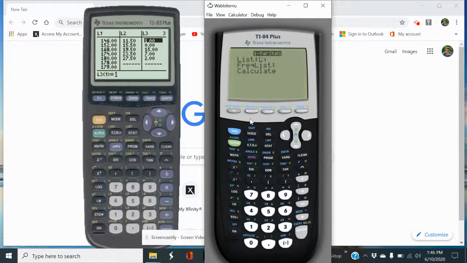It's not L1, it's L2. Second function, the 2 key. Where are my frequencies? They're in the next list, L3. Second function, hit the 3 key, arrow down, and hit calculate. And the calculator says, here's the mean of that frequency distribution. Down the road, we're going to be interested in the standard deviation, but not right now.